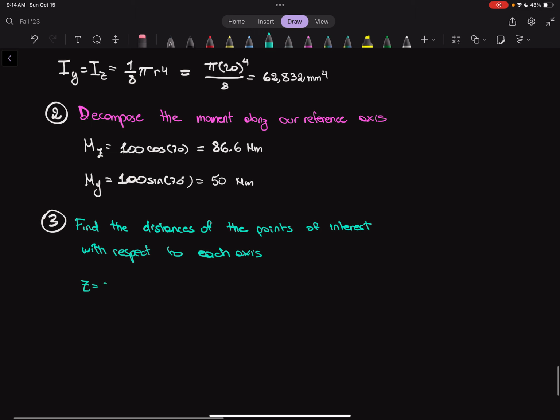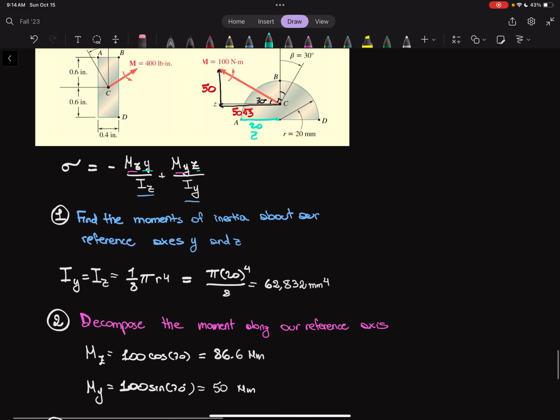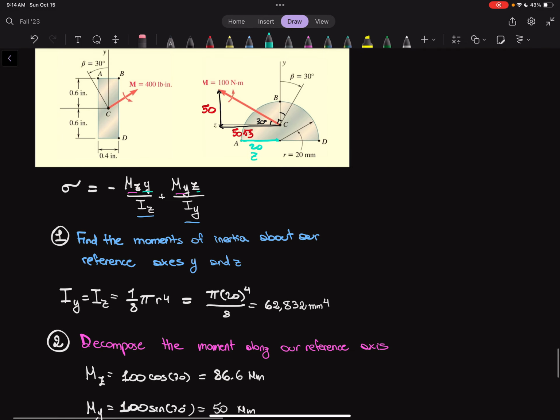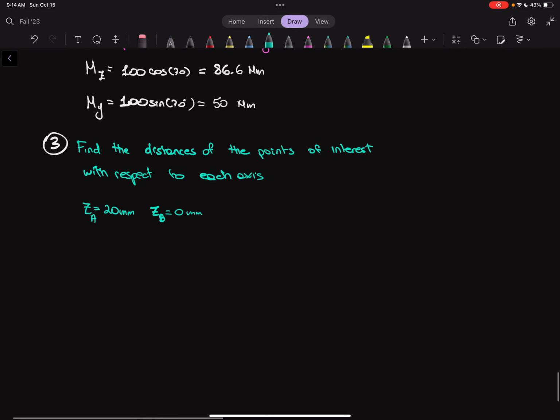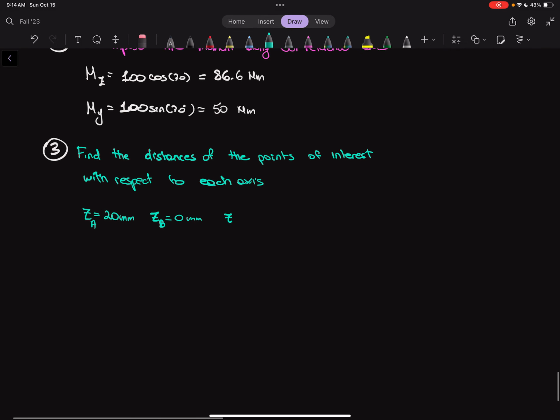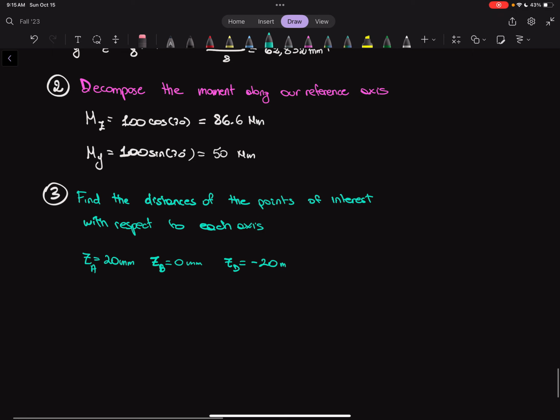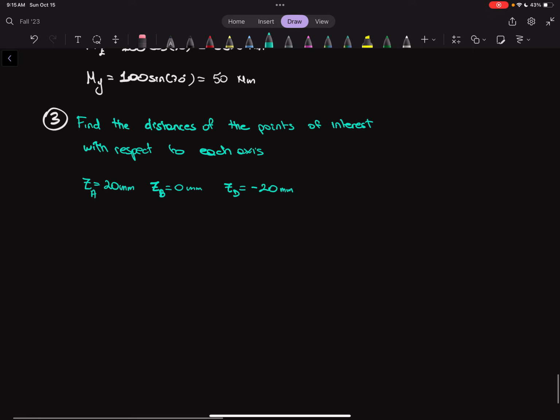Z is equal to 20 millimeters for A. But what is the distance Z of B from Y? 0. And what is the distance ZD from Y? It is negative 20 because it points in the negative Z direction.